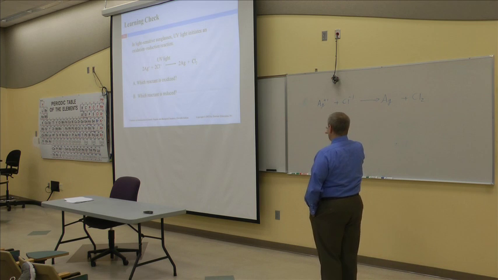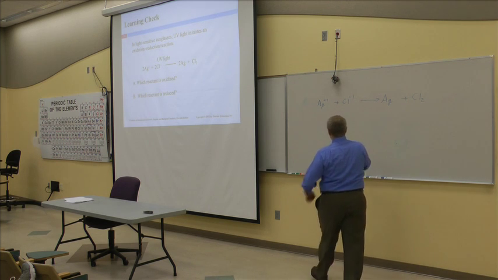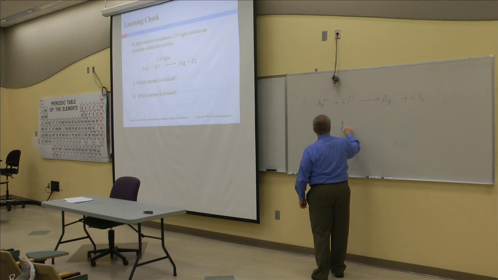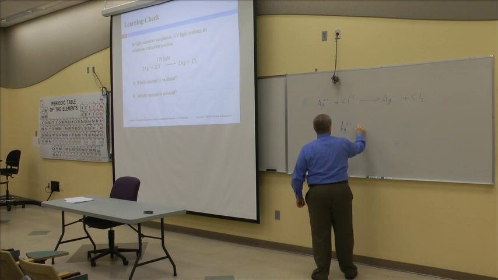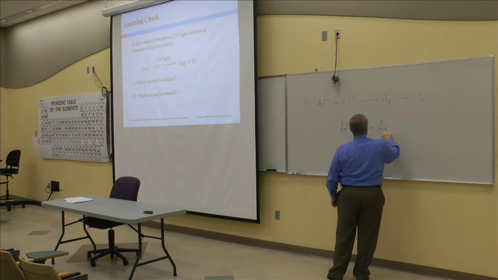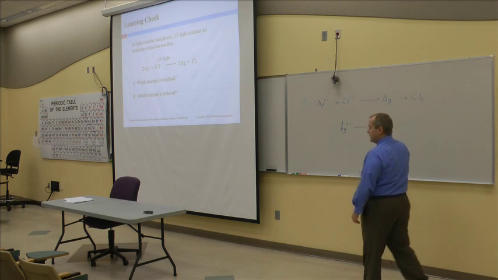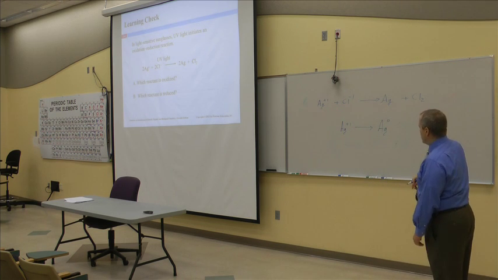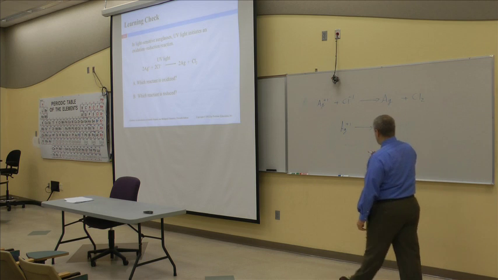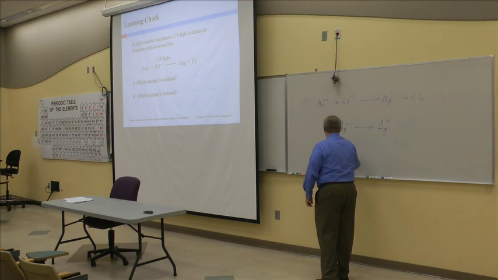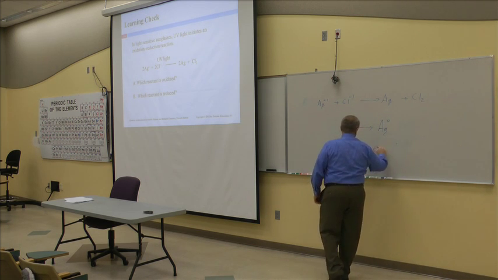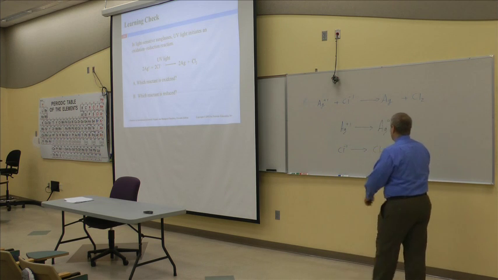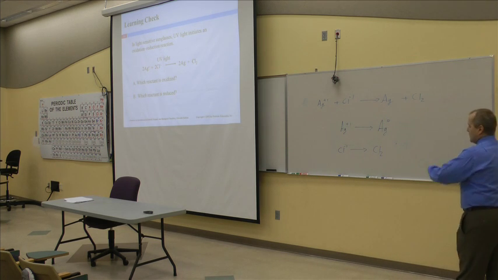So we have silver plus 1 and silver. So silver plus 1 goes to give us silver with no charge. Is that correct? We have chlorine -1, Cl-1, going to give us Cl2. You can balance it if you want, but you don't have to. So we have a negative going to a neutral.